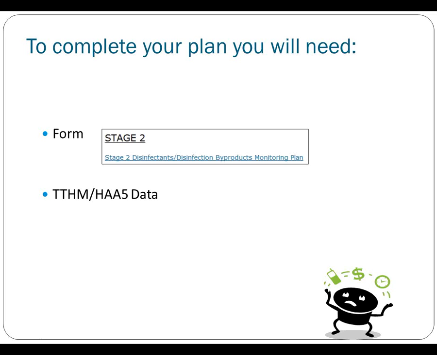So, to complete your plan, things that you will need: download our form back on that Wine Country Waterworks website. It says Stage 2 Disinfectants, Disinfection Byproduct Monitoring Plan. You'll also need your TTHM and HA5 data, going back as far as you have data for the distribution system. That's where you're looking at, are your distribution system results.